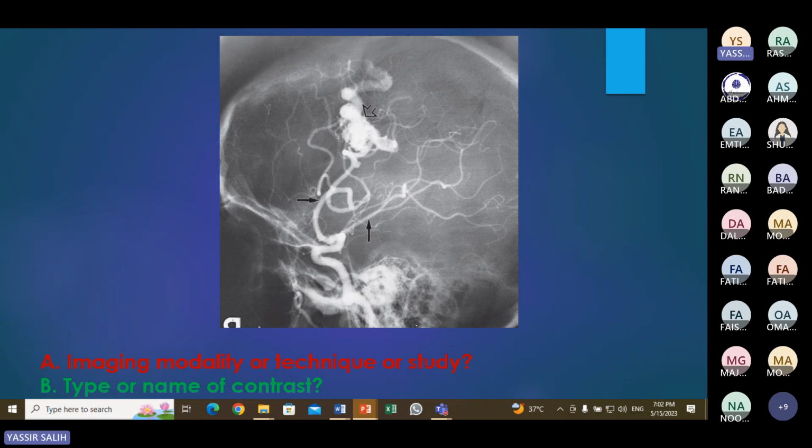This is iodinated contrast media. This is the group, and there are many names for this contrast, but you just have to write that it is iodinated, water soluble iodinated contrast media.